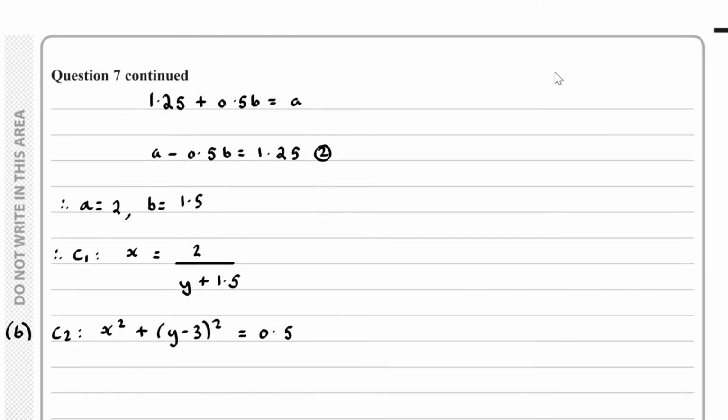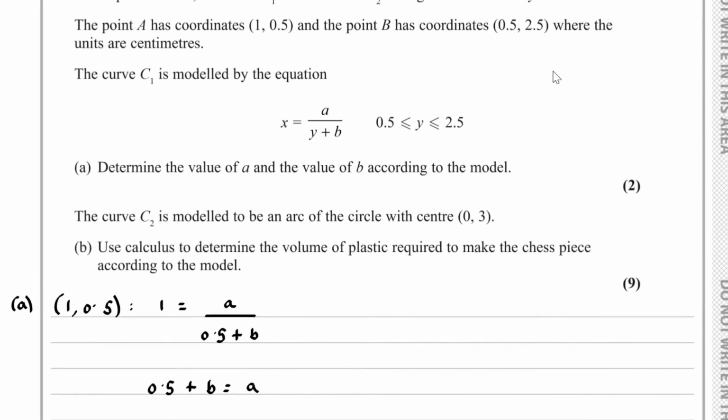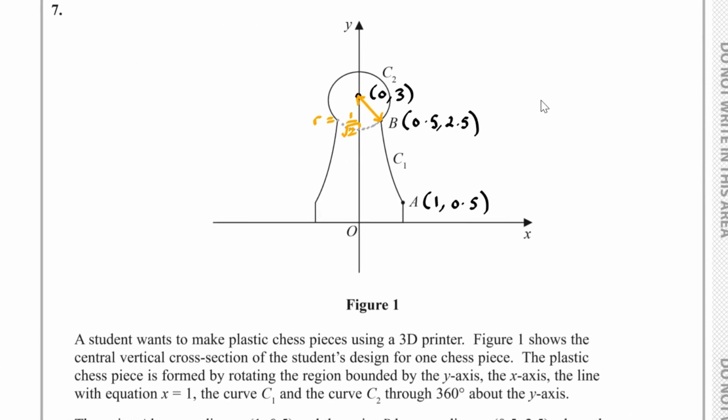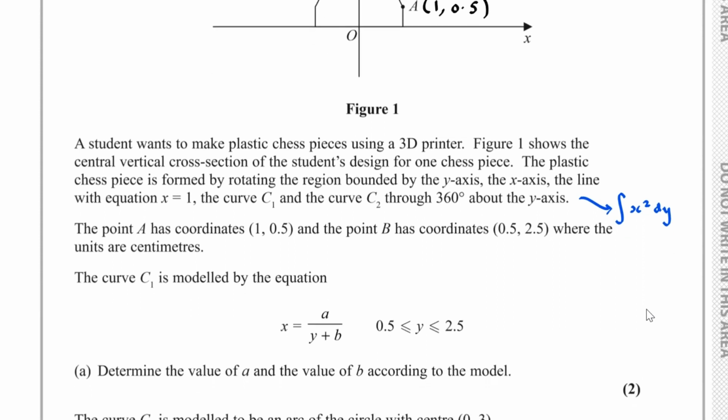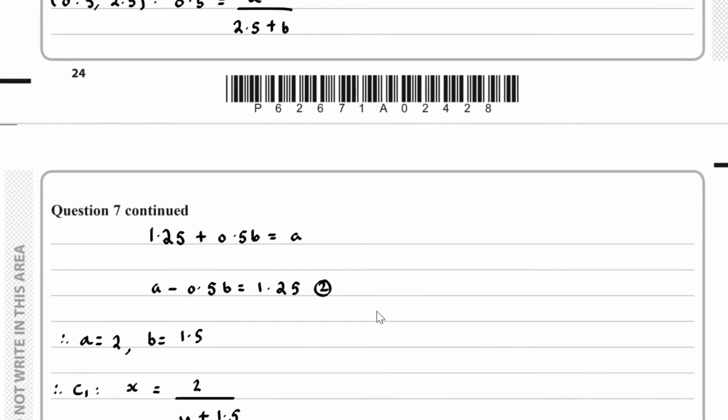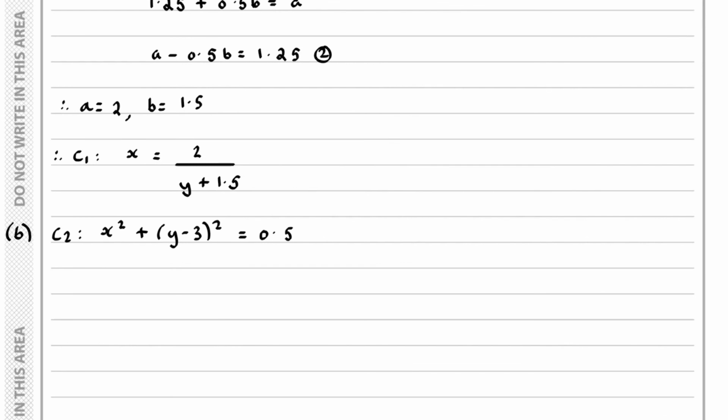So what we can now do is integrate using the volume of revolution. We're rotating 360 degrees about the y-axis. So the formula we're going to be using is the integral of x squared dy. So what we can do over here is rearrange for x squared.